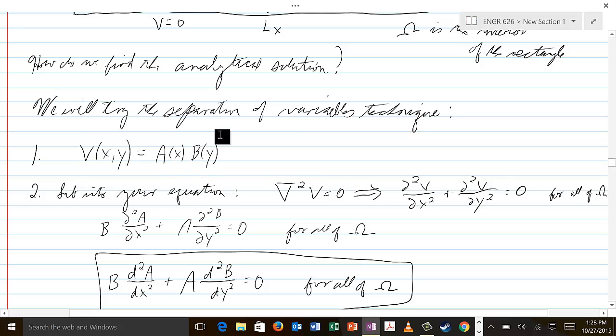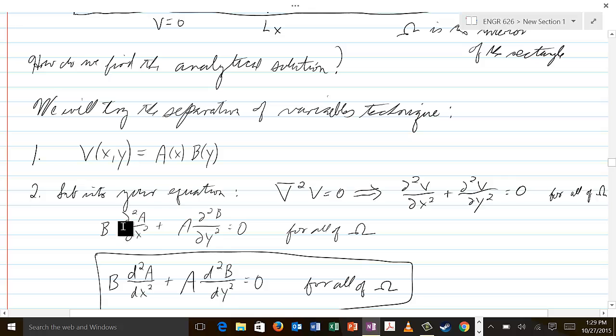So if we substitute this expression for v into Laplace's equation, which when we expand out del squared becomes this, and now substitute a of x, b of y in here, since this is a derivative only with respect to x, the b of y can come outside.